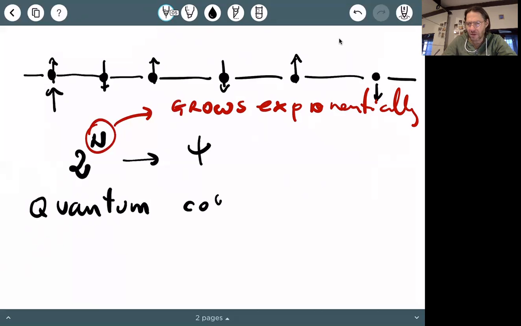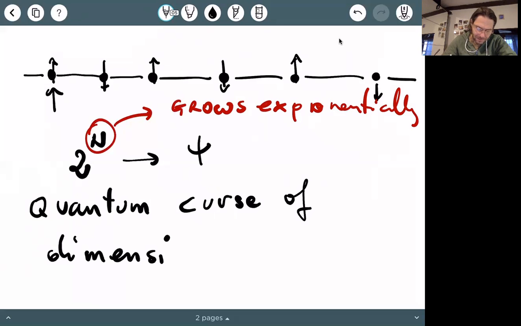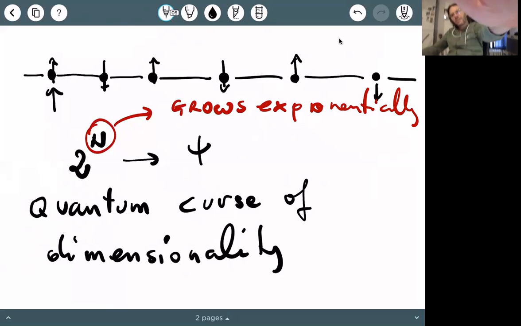I don't know how to spell curse. I think it's the curse of dimensionality. And so it really seems that solving quantum many-body problems is strongly intertwined with the problem of beating the quantum curse of dimensionality.